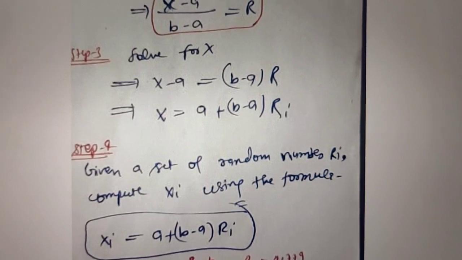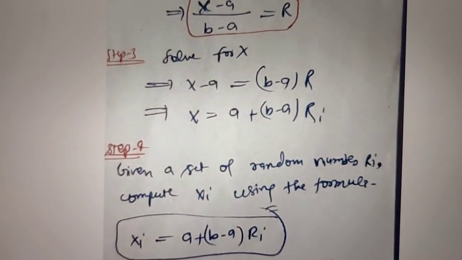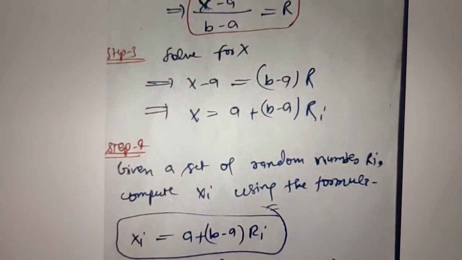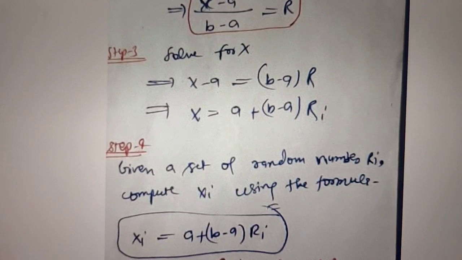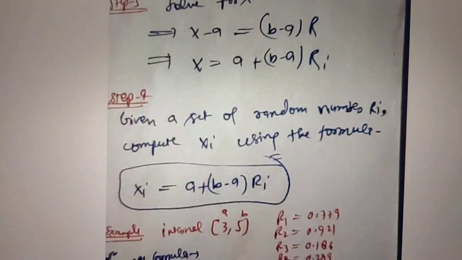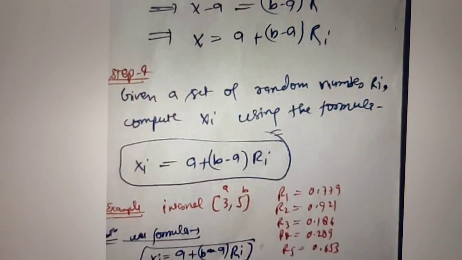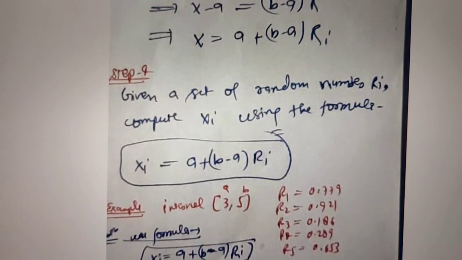Now I am going to discuss how we can do this using the formula, and for that I have taken a simple example. Here the interval I have defined runs from 3 to 5, where a is 3 and b is 5, and the random numbers I have taken, r1, r2, r3, r4 and r5, are 0.7, 0.779, 0.921, 0.186 and so on.